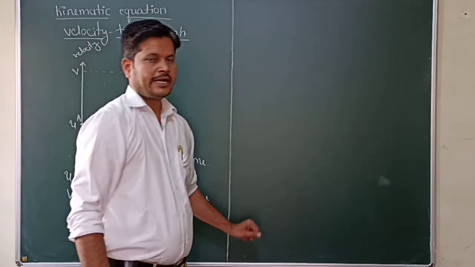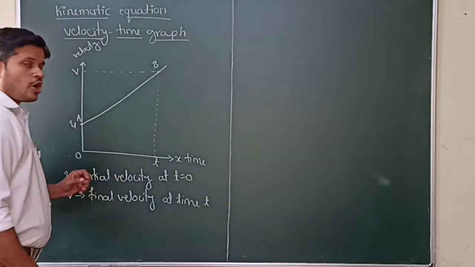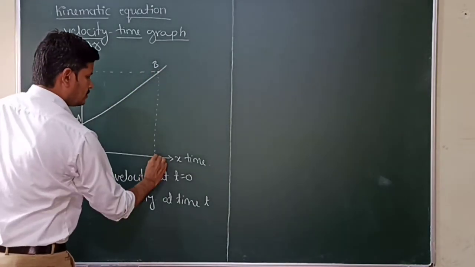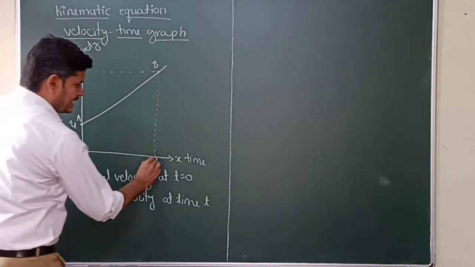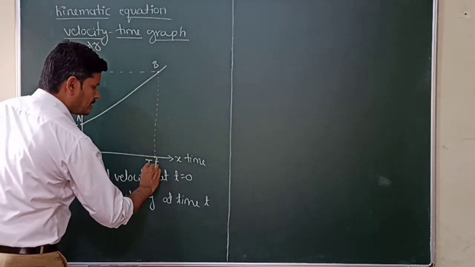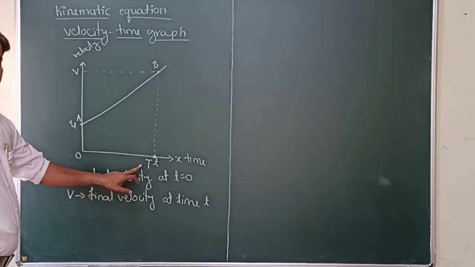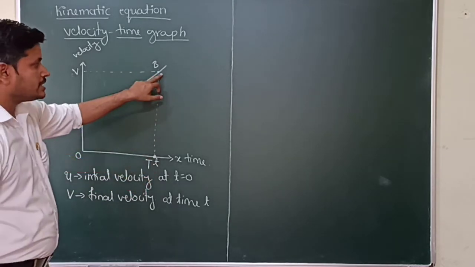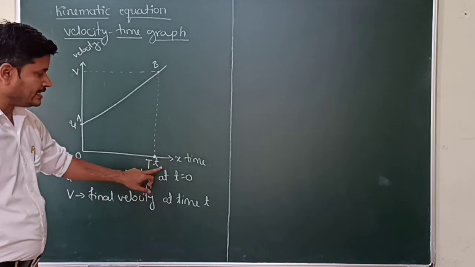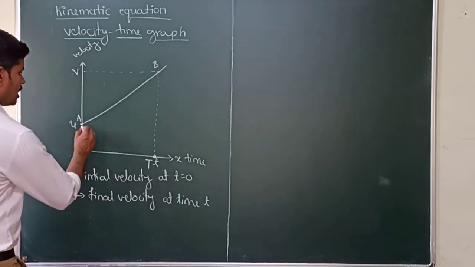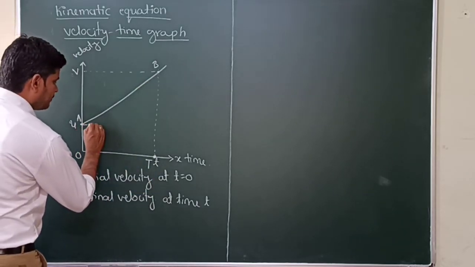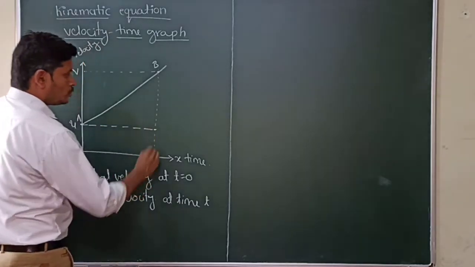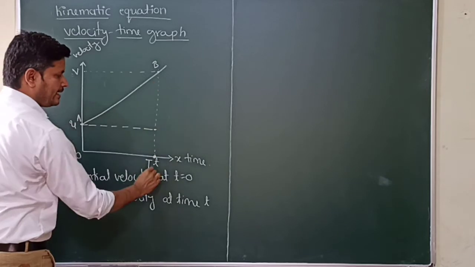Now draw a perpendicular line to this. I will take this point as capital T, where the small t represents the time. Now draw a perpendicular line to this BT.